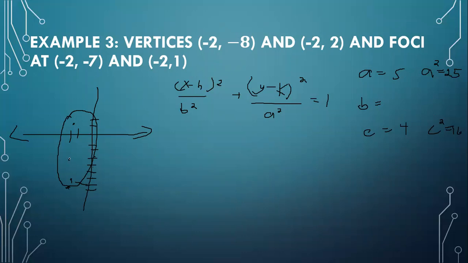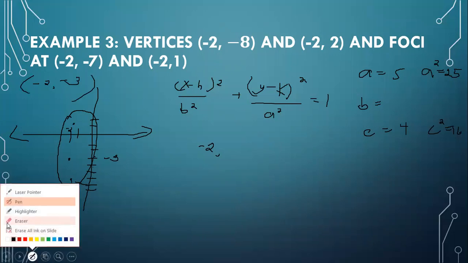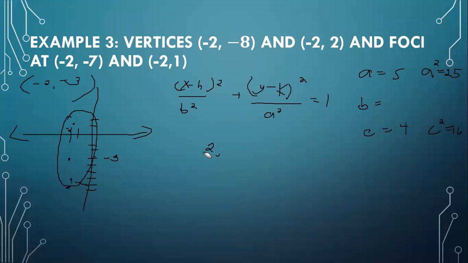So this is the center. 1, 2, 3. So our center is at negative 2, negative 3, where the two vertices or the two foci meet, or the midpoint of those.